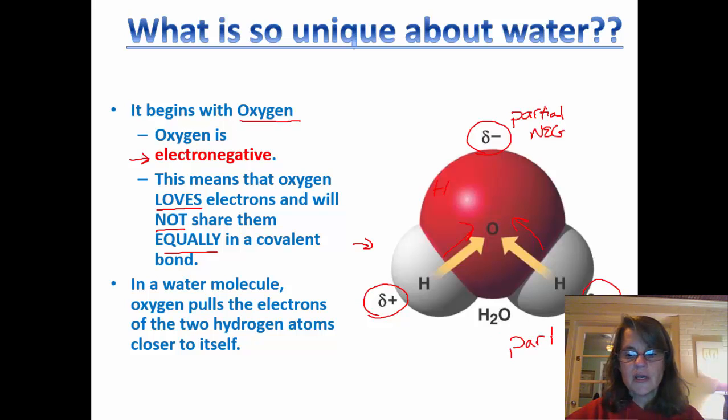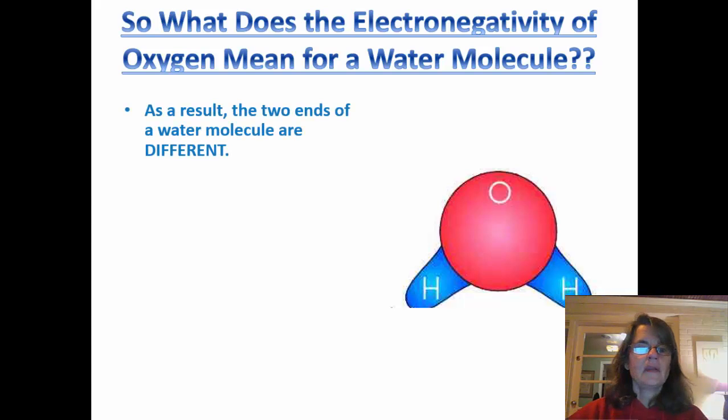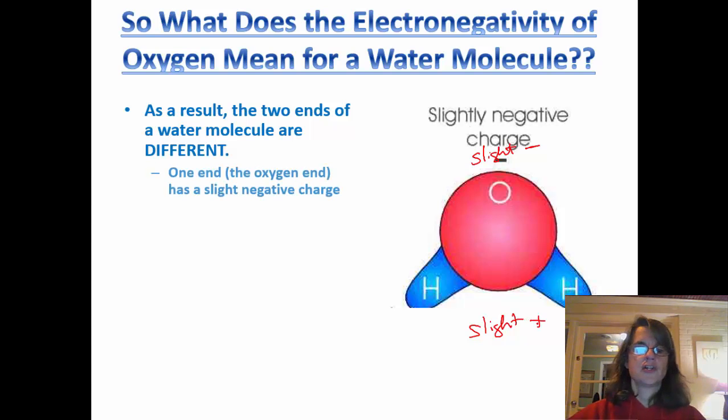So the hydrogen ends are partial positive charges. The end result is that the two ends of a water molecule are different. The oxygen end has got a slight negative. The hydrogen end has got a slight positive charge.